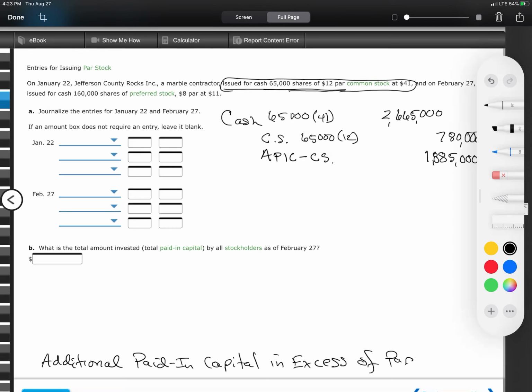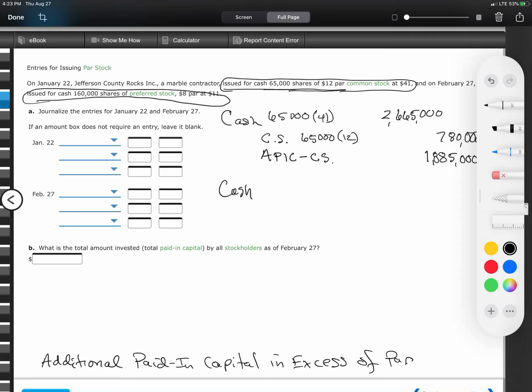Additional paid in cash or capital in excess of par. Par is what's printed on the certificate. Now everything is electronic and they don't even print certificates, but that's the concept. So that's the journal entry to issue common stock.